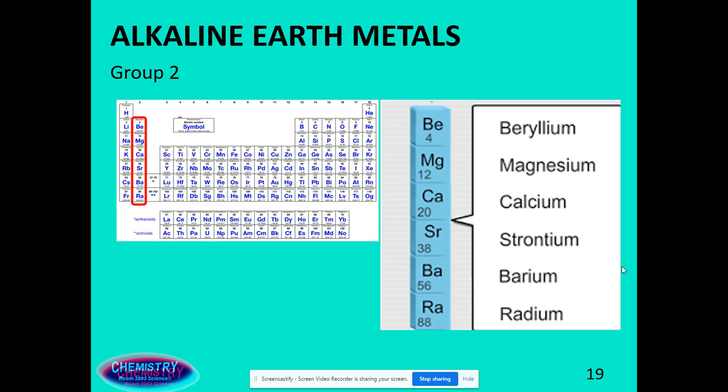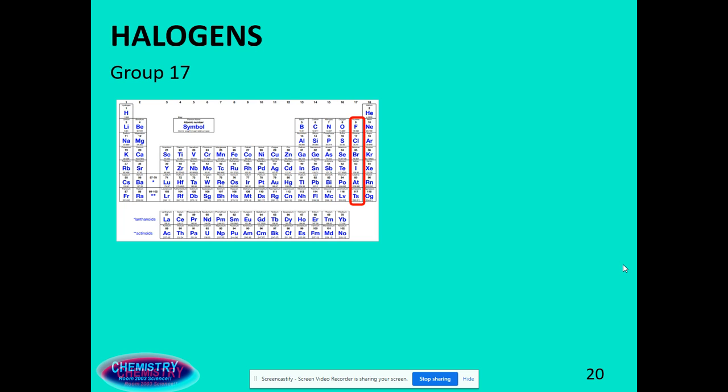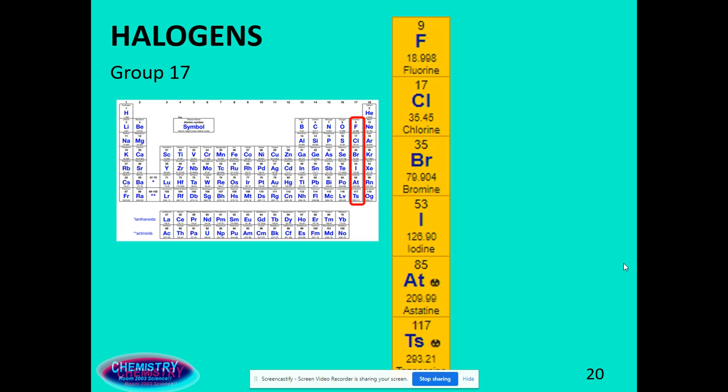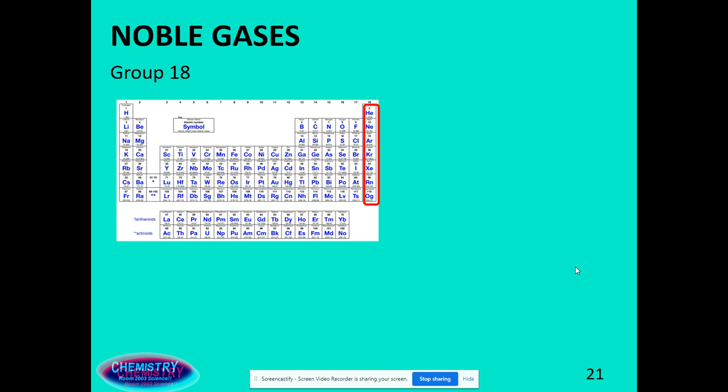The entire family, alkaline earth metals, group 2. The third family with a special name is the halogens over here in group 17 or family 17, and they are fluorine through tennessine.